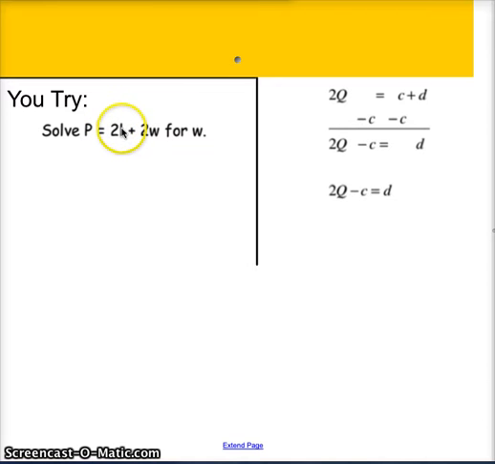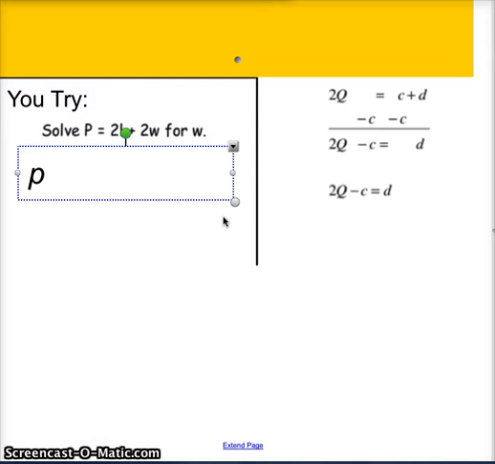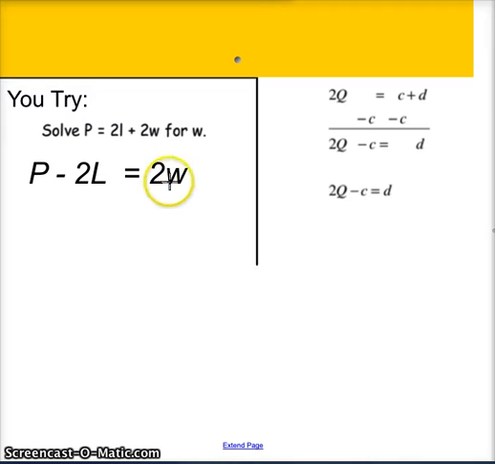So subtract 2l here and subtract 2l here, leaving you with P minus 2l equals 2w. Now, to get w by itself, I want to divide by 2 because right now w is being multiplied by 2. So if I divide by 2 on both sides, I'll show you what this looks like.